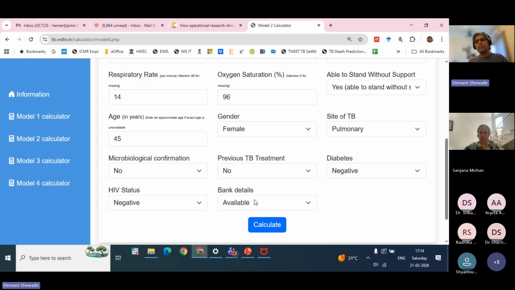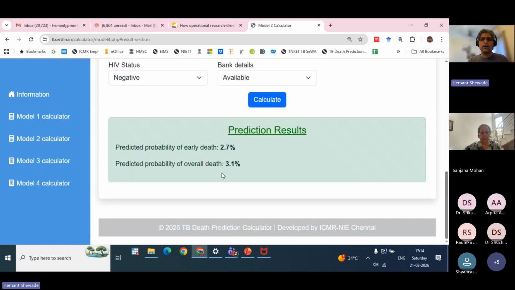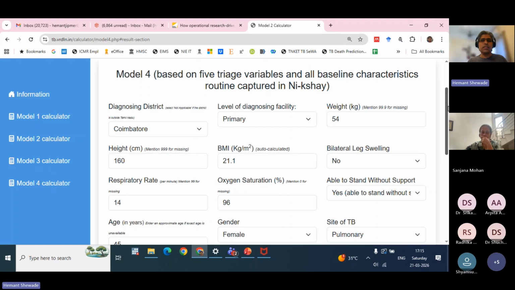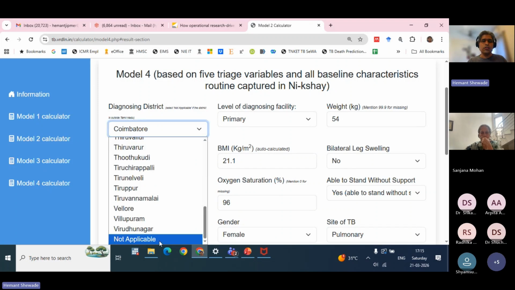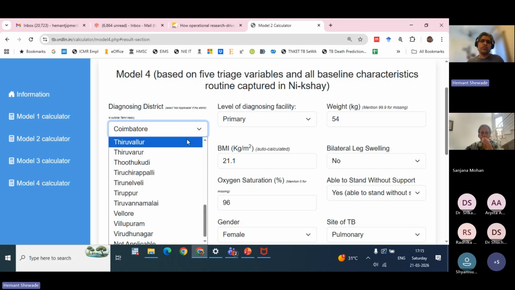So these are all favorable factors. When I click calculate, I'm using model 4 here. You can see the predicted probability of death, your baseline death rate, is 2.7 for early death and 3.1 overall. If you're not from Tamil Nadu, you can just select not applicable and use this.